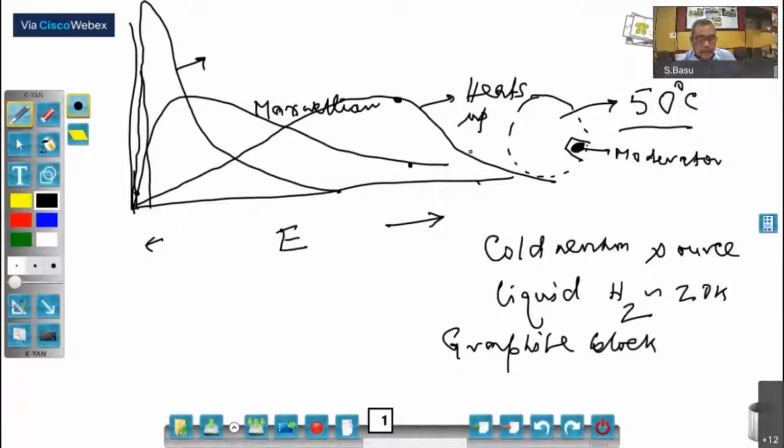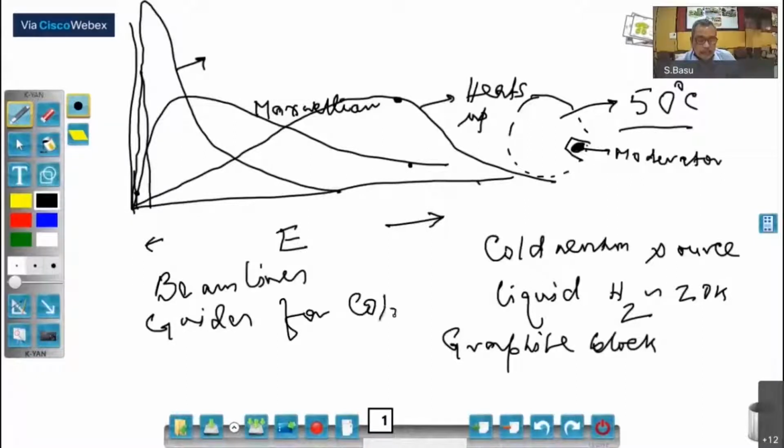These are important devices. So I told you about beam lines. I told you about guides for cold neutrons. And now I told you how we can increase the number of cold neutrons using cold neutron sources.